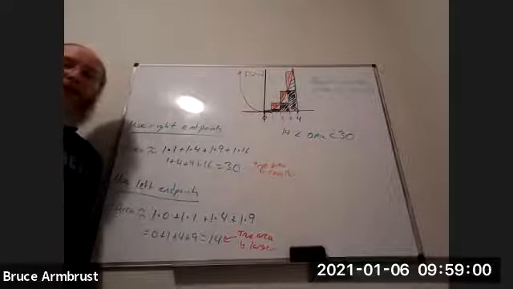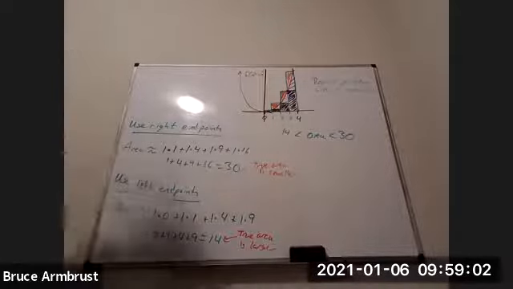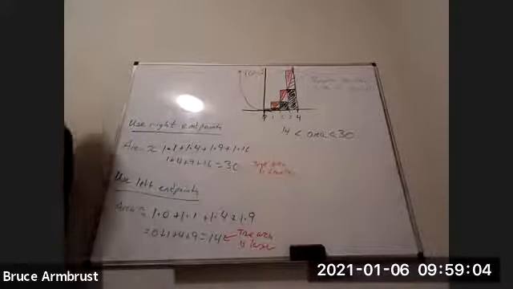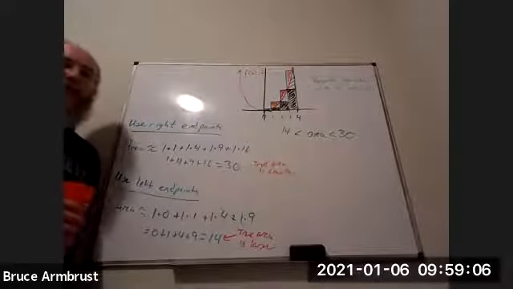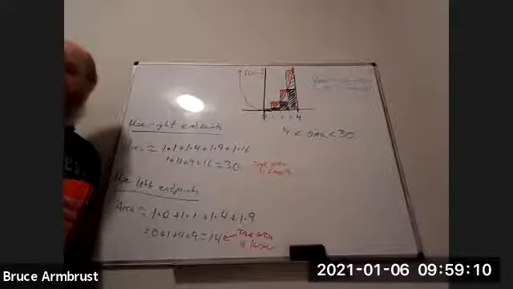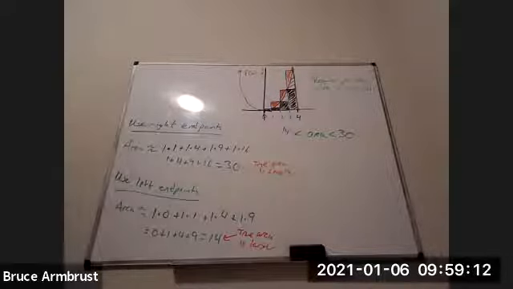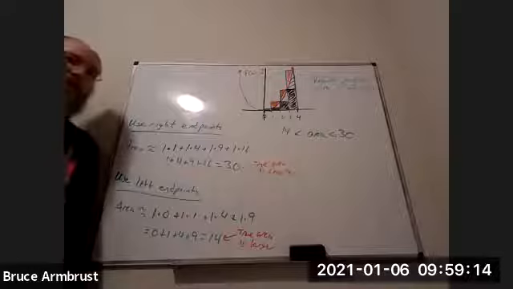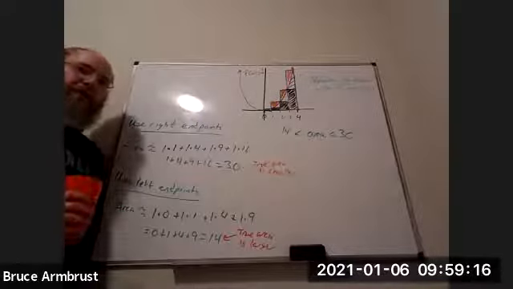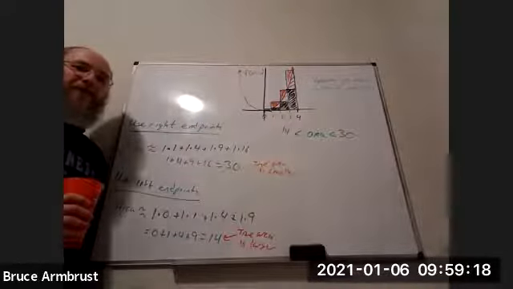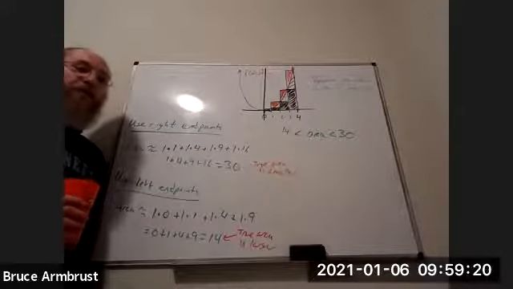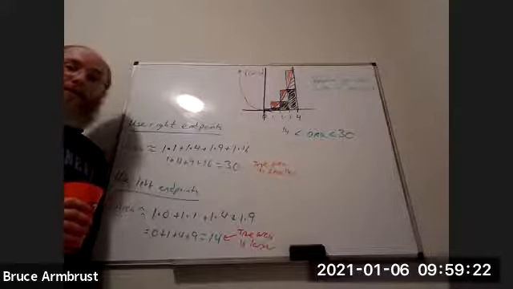So the question is, what can we do to make it better? What do you think we could do to this to make it a better guess? All right, so I know you said more integrals. I think maybe you mean more intervals. Yeah, more segments. What if we split it into more segments?